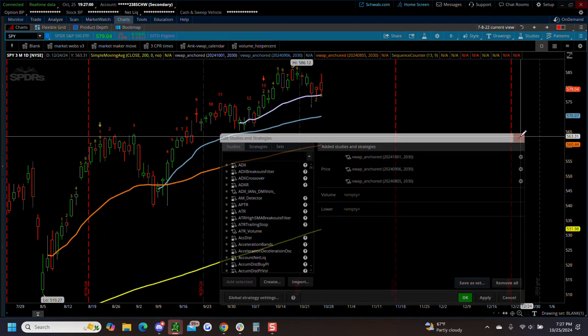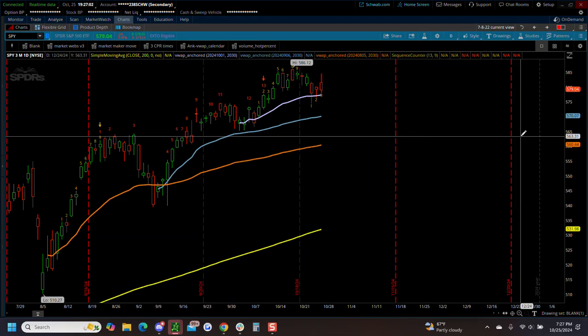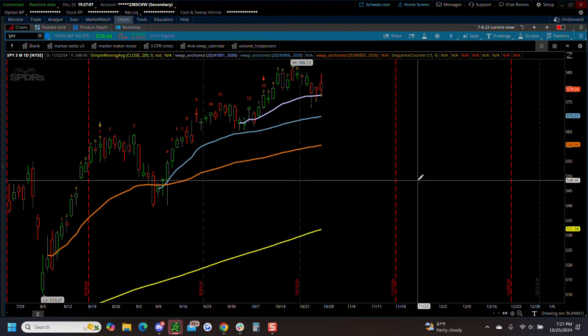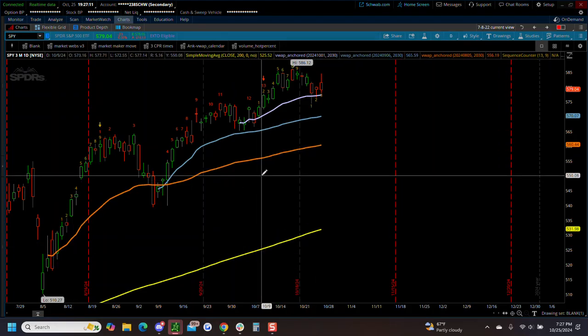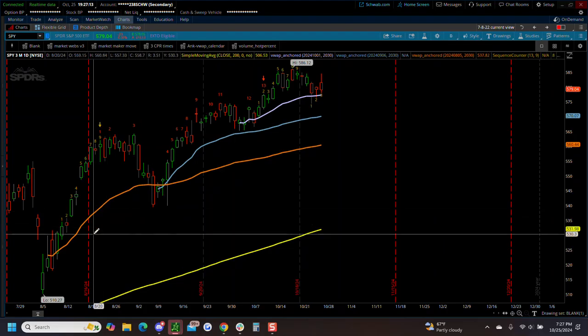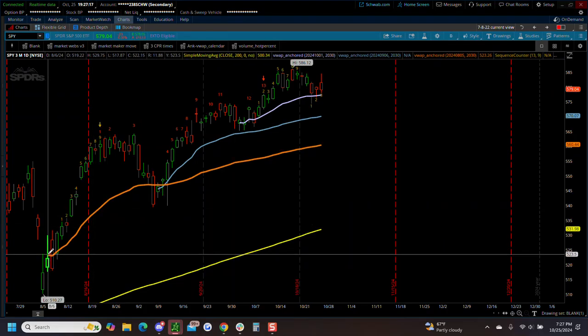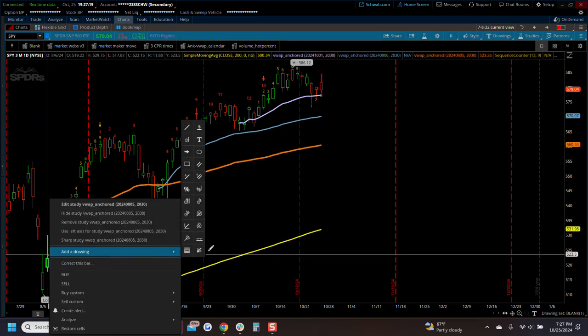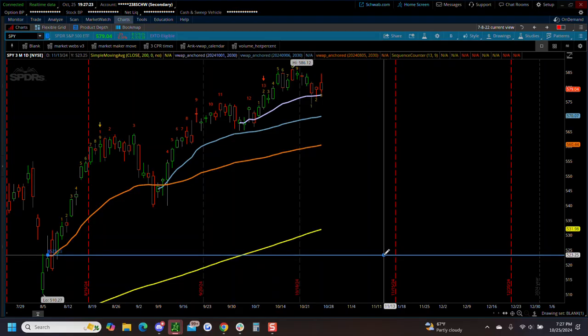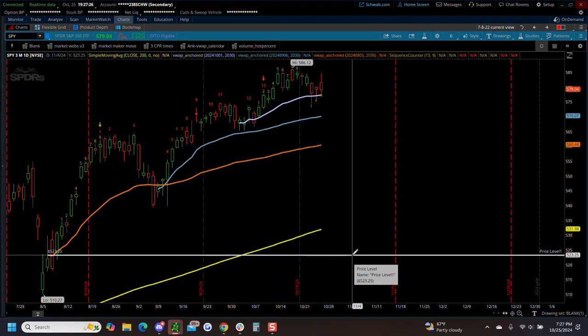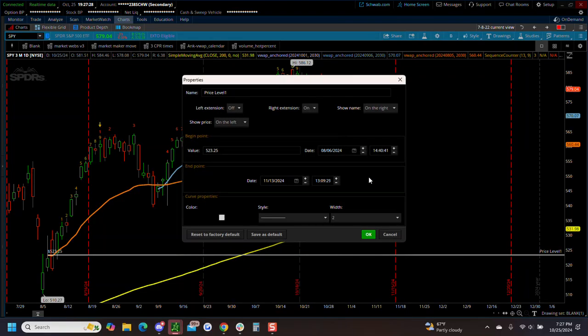With this being said, now that I've got this drawn out, there are two different things that I put on my charts. First of all, the anchored VWAP starts right here, so I put a price level here and make it orange.